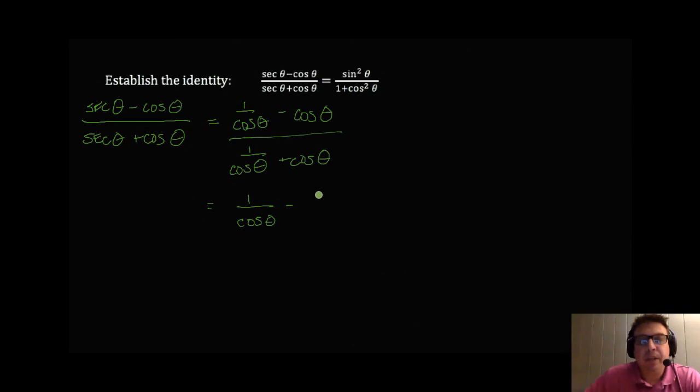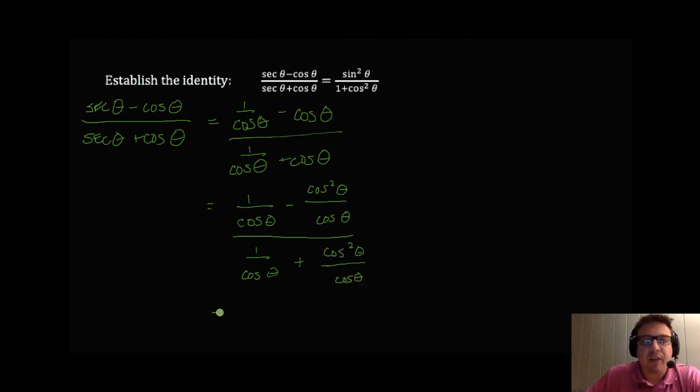All right, so I end up with then, if I introduce, I get cosine squared theta divided by cosine theta, all divided by 1 divided by cosine theta. And then again, I need to get common denominators. So now I have a cosine squared theta divided by cosine theta.